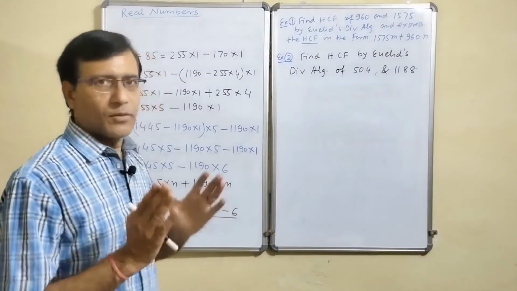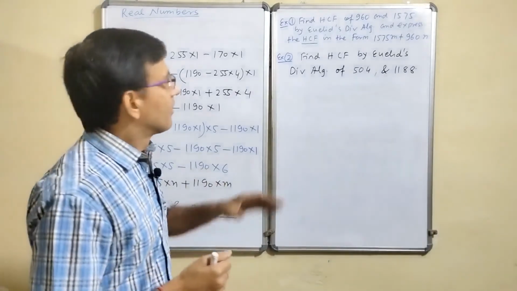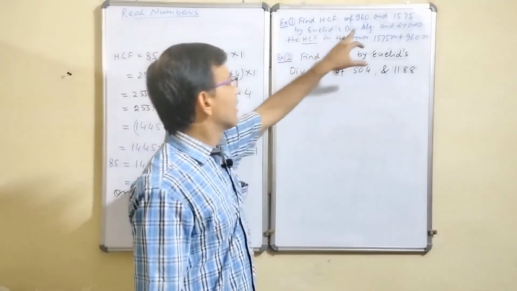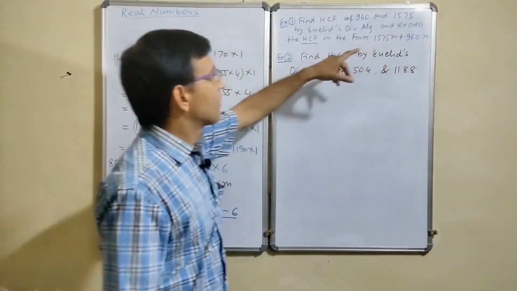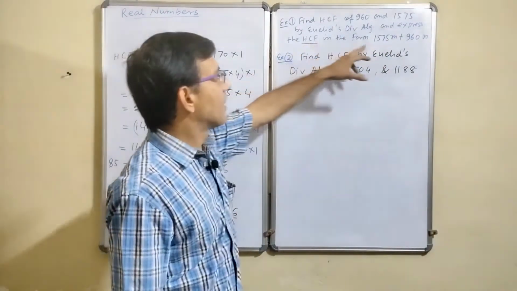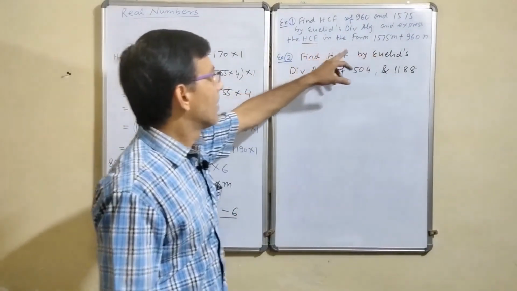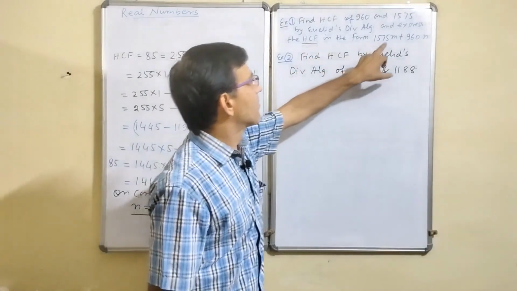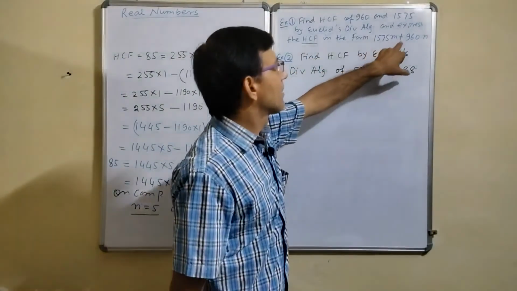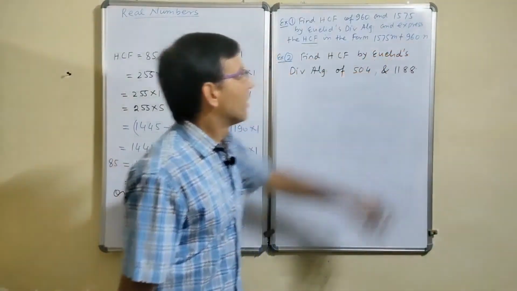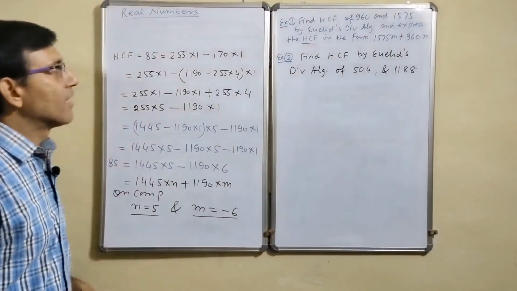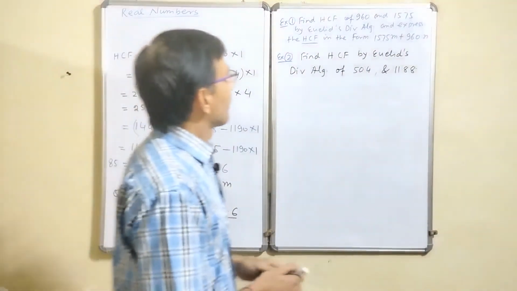Now, two questions for homework. Find SCF of 960 and 1575 by Euclid division algorithm and express SCF in the form of 1575 m plus 960 n. You have to find out here m and n.